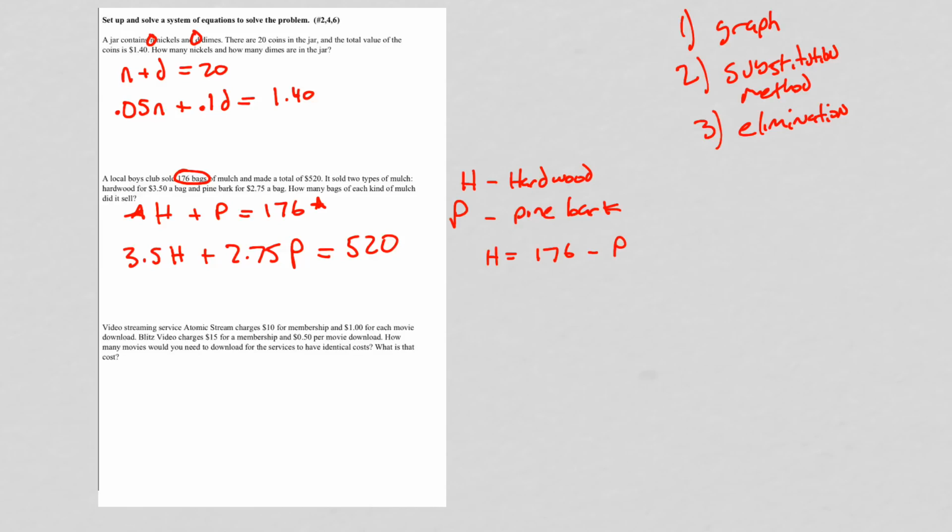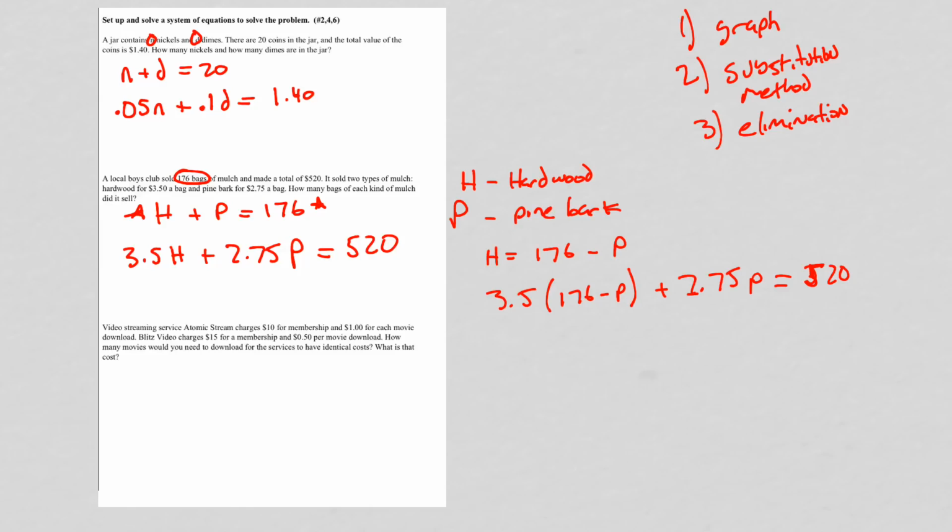I can then take that and plug it in here for H. 3.5 times (176 minus P) plus 2.75P is equal to 520. And right in this chapter, you probably definitely need your calculator. So grab one from the back of the class.